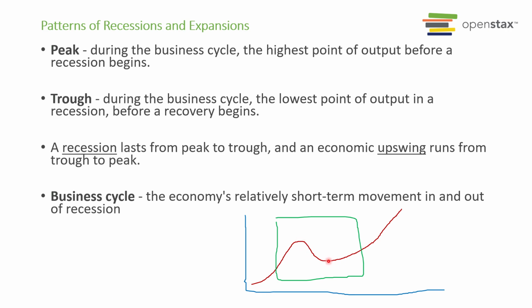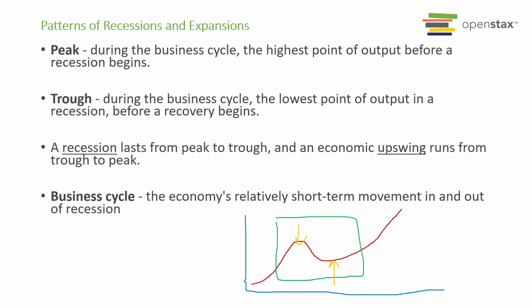And what the definition here is saying is that the recession doesn't start at the bottom here and go up until we reach recovery there. The recession actually starts at the peak. That's the beginning of the recession, and this is the end of the recession.